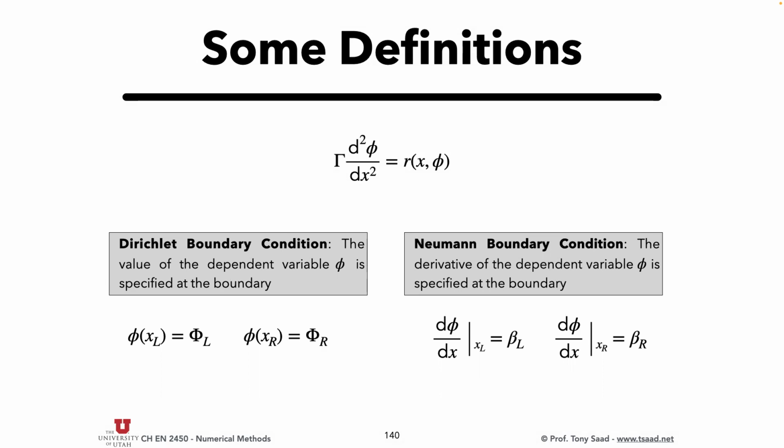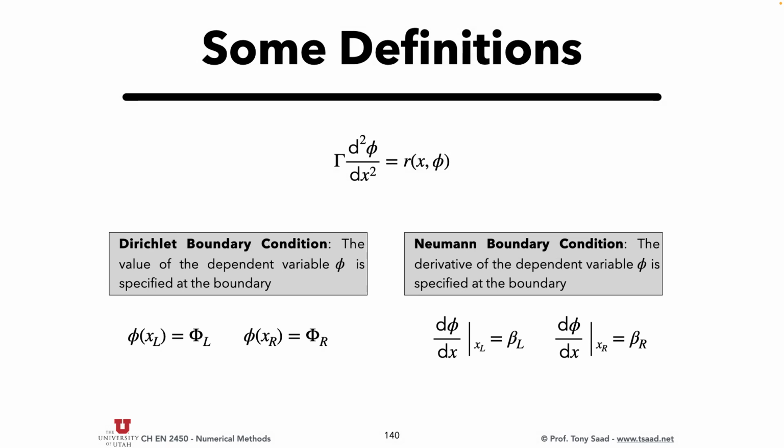So rather than putting phi0 equal T left, T0 equal T left, and T right, TN equal T right, you do dT/dx at 0 equal beta left, and then dT/dx at N equal beta right.